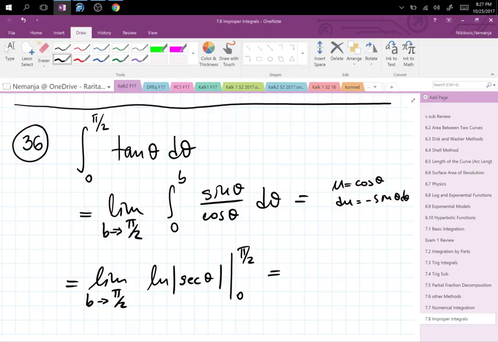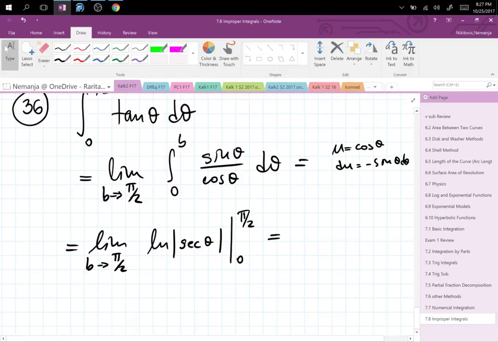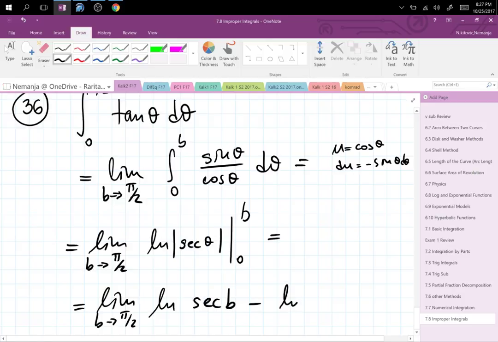Oh, this is not supposed to be pi over 2, it's supposed to say b. There we go. So limit as b goes to pi over 2 of ln secant b minus ln secant of 0.